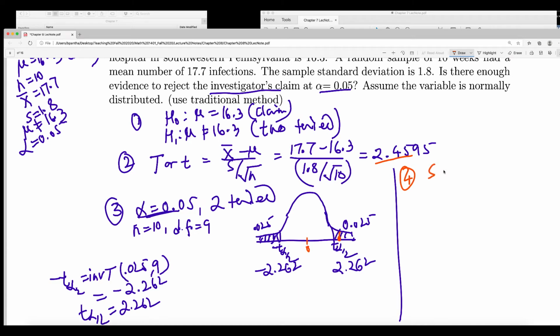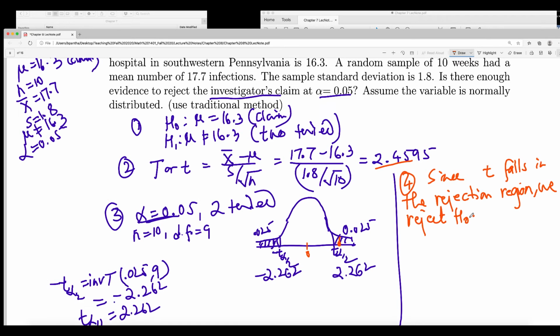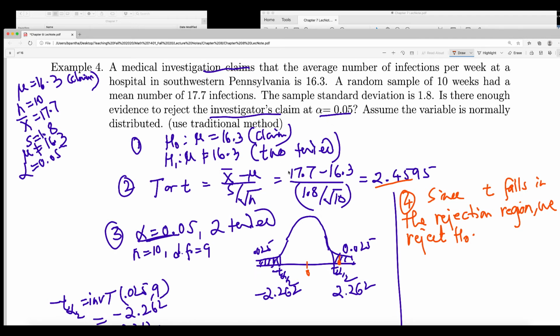So what do you write? Since the test value t falls in the rejection region, the critical region is also called rejection region, we reject H0. So what is the conclusion then?